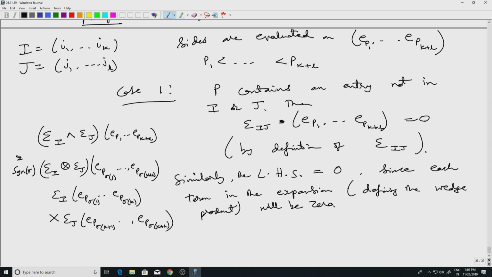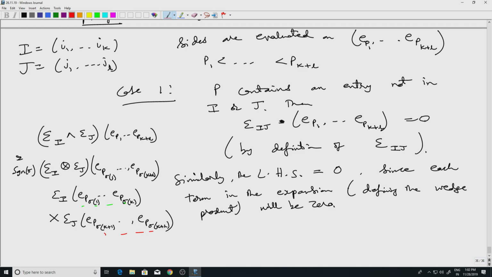Now the point is that if this index set, if the numbers p1 up to p_{k+l}, had something which was not in I1 up to Ik or J1 up to Jl, even after you permute them in any way, the new index set will also continue to have some number which doesn't occur as part of I or J. Therefore, that extra number will occur either amongst these or amongst these.